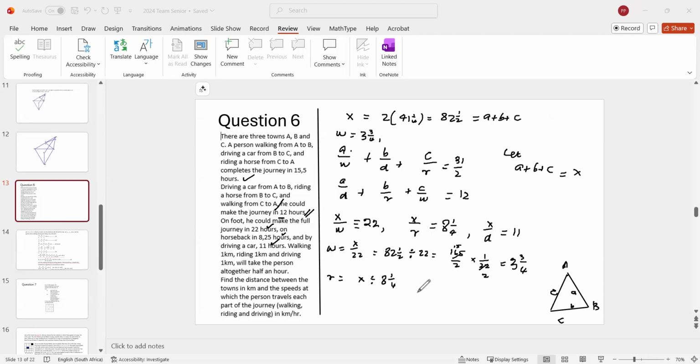Now X is 82 1/2, which is 165 over 2. When you're dividing by 8 1/4, 8 1/4 is 33 over 4. So when you're dividing by 33 over 4, you're multiplying by 4 over 33. And blissfully, 33 goes exactly into this 5 times. 5 goes into this 2 times. And this is 5. So R is 5 times 2. So R is equal to 10.